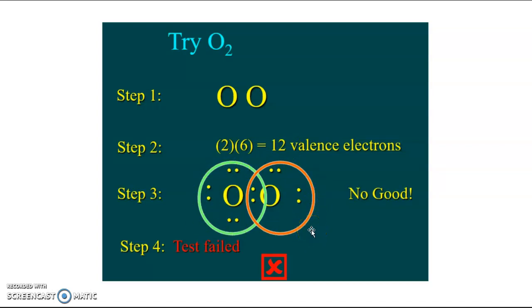Oh, but what happened? This atom has only 6 electrons around, then it doesn't get the octet rule. Then this is not good. The test failed, and this representation is not fine for oxygen.